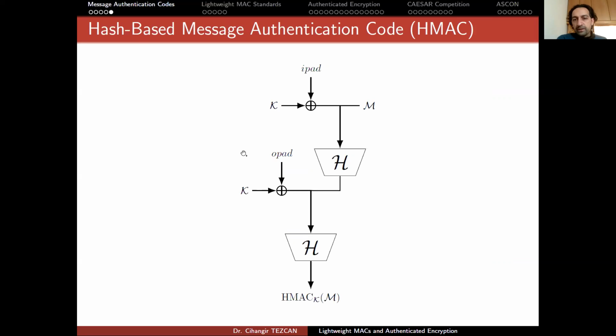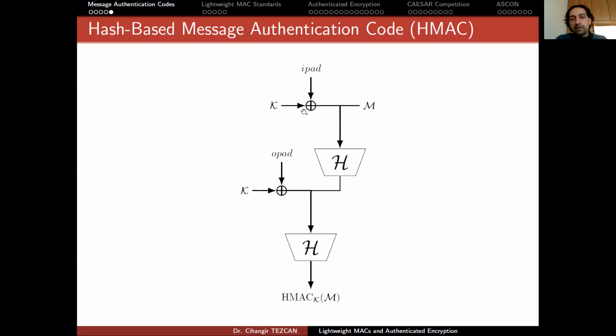Another famous algorithm that is used in the literature is this time HMAC. So the previous two pictures were based on block ciphers. Now we are using a hash function as a message authentication code. So the idea is as follows. You have the secret key. You perform a padding to it. So you are actually XORing it with a specific value that's specified in the standards.